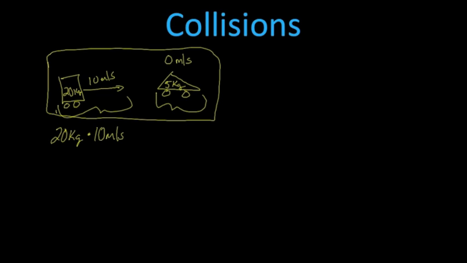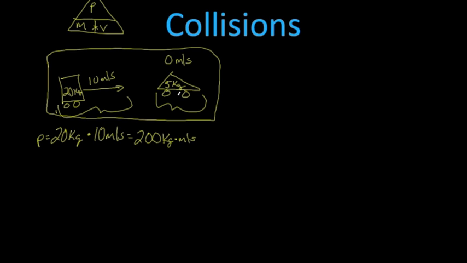And how do I get that? If you remember, we have momentum equals mass times velocity. So the mass times velocity, this is 200 kilograms times meters per second for the square cart.